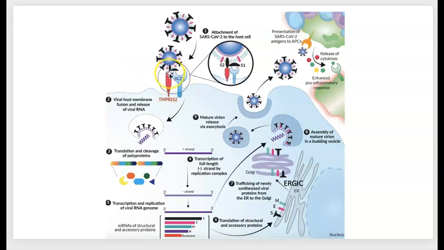So by exposing the fusion peptide, you have this membrane fusion event, which allows the virus to enter. The virus then releases its plus-stranded messenger RNA into the cytoplasm, where it can be translated, and ultimately the polyproteins that are produced have to be cleaved by those proteases that I discussed.